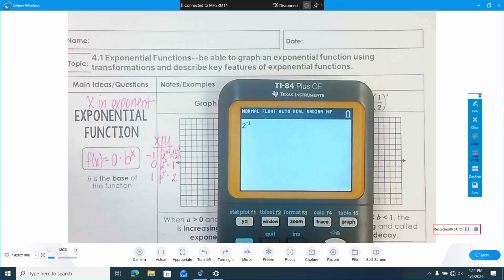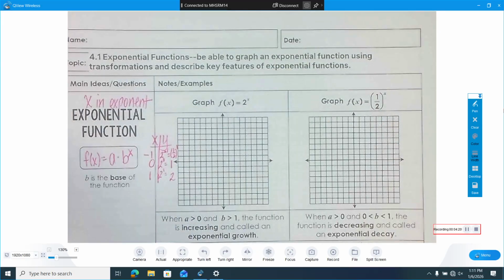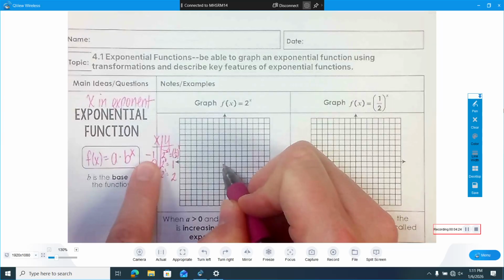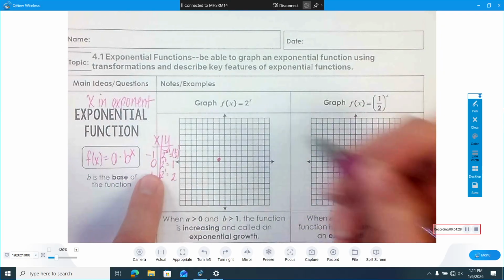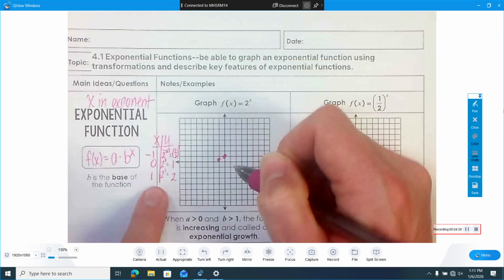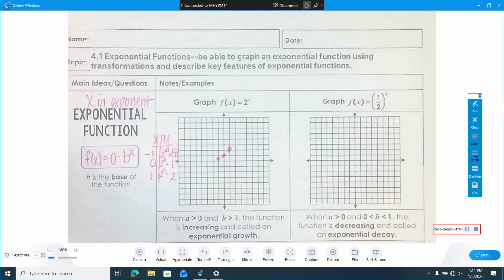So 2 to the -1 gives us 0.5, which is 1/2. And in case we're not convinced, 2 to the 0 is 1. It's defined that way. It has to work that way. So those are 3 easy points: -1, 1/2; 0, 1; and 1, 2 are our basic 3 points for this function 2 to the x.